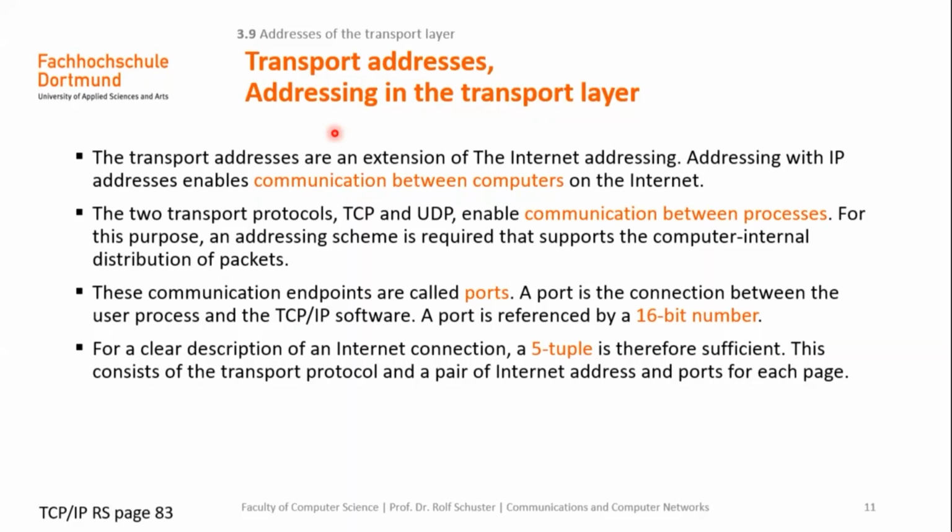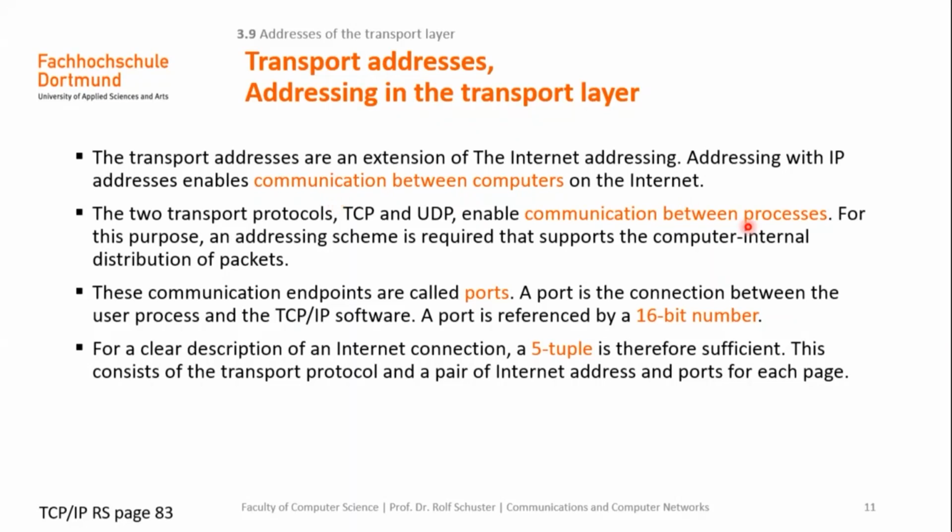The transport addresses then are an extension of the internet addressing. Addressing with IP addresses enables communication between computers on the internet, but in fact, what we need is the communication between processes.